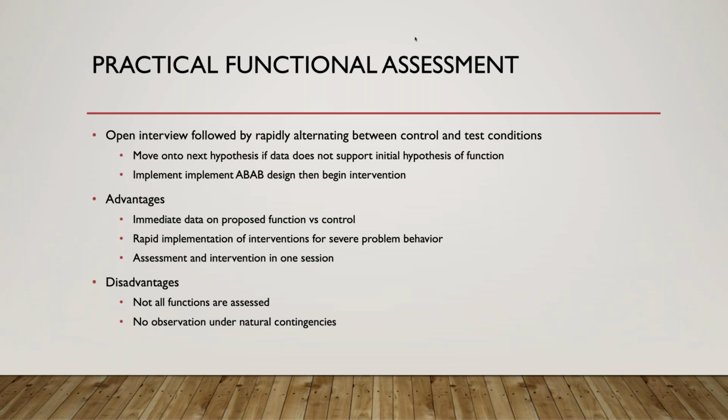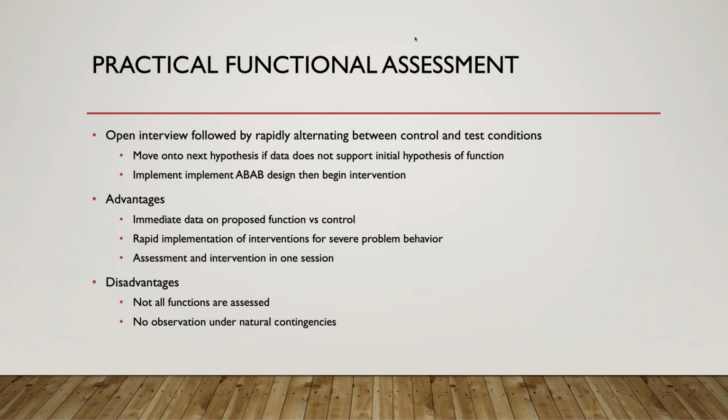The first part, about half an hour, is an open interview. It's structured, and then that open interview will point towards a function. After the interview, you might get something like, they're engaging in this behavior in order to get attention.